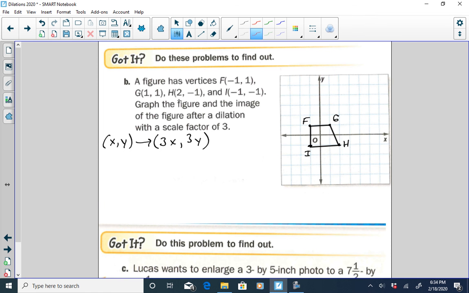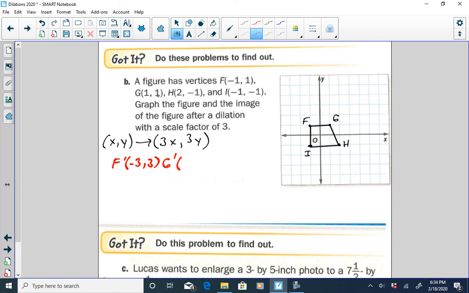We didn't do our image yet, so let's get our image values. F prime, using a scale factor of 3, we take each of the values for x and y and multiply by our scale factor of 3. -1 times 3 is -3. 1 times 3 is 3. So F prime would be located at -3, 3. We have G prime.